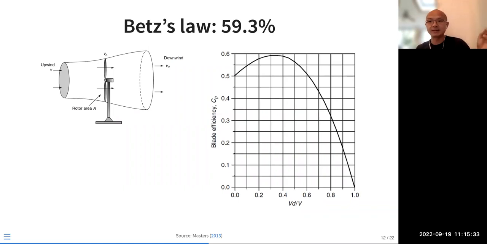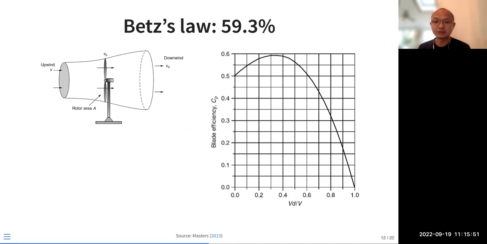If it stops, then no constant air mass can move through. So it has to move through, but the wind speed will come down.